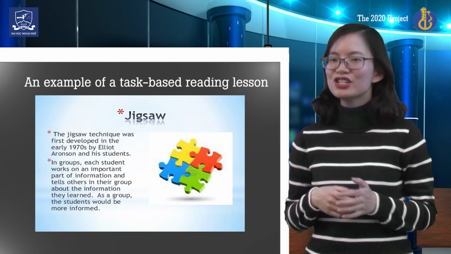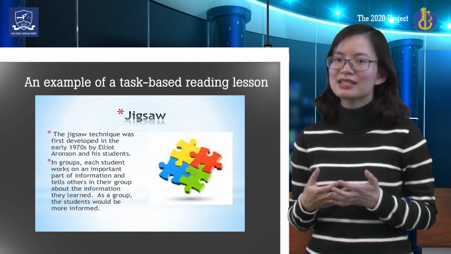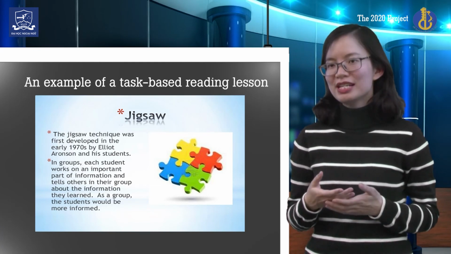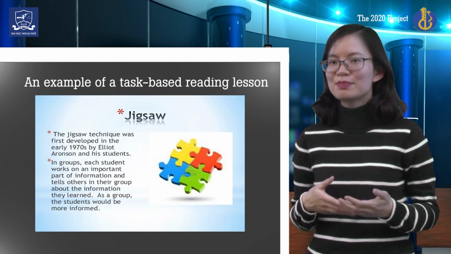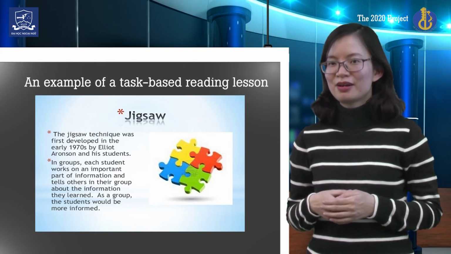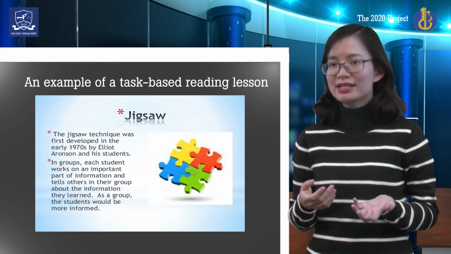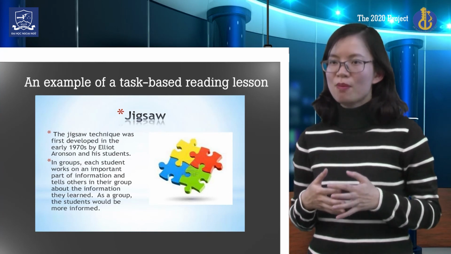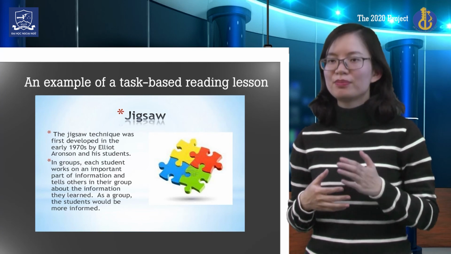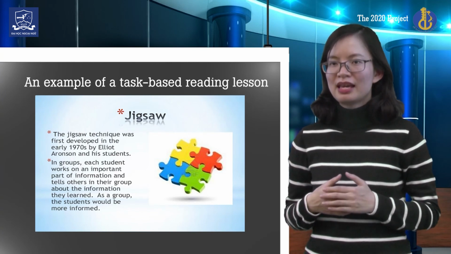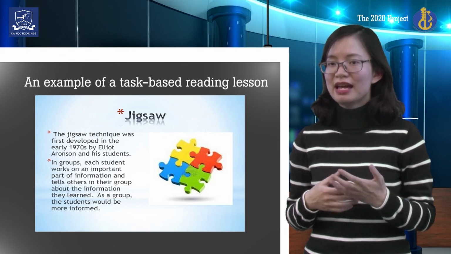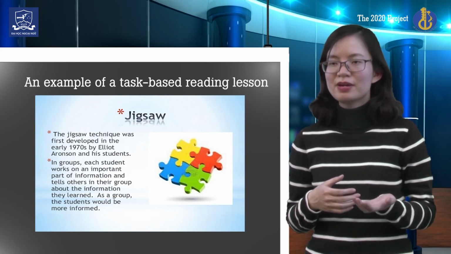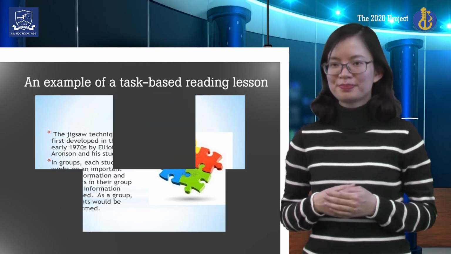For example, the initial groups receive different texts with different information about a new nation: its history, its geography, its people and customs. Once they have read and reached an understanding of their text, new groups are formed with one person from each of the original groups. And the task is now to design a flag that will represent this new nation based on the information from the different groups.